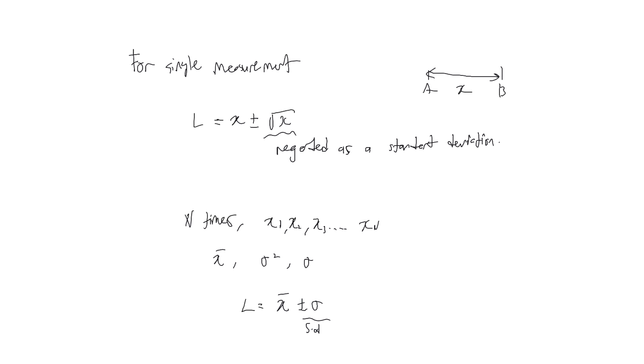Another way to report the result is by using the standard deviation divided by the square root of n. I cannot explain to you the mathematical reason behind this. It is in textbooks, and it involves a long argument.